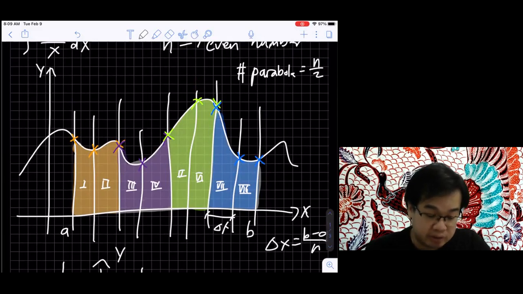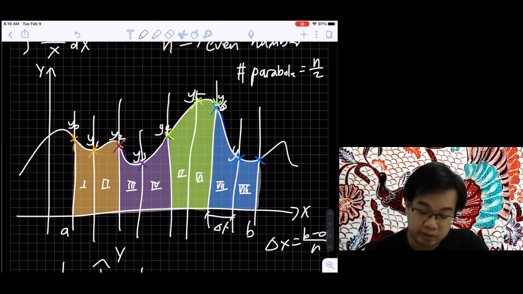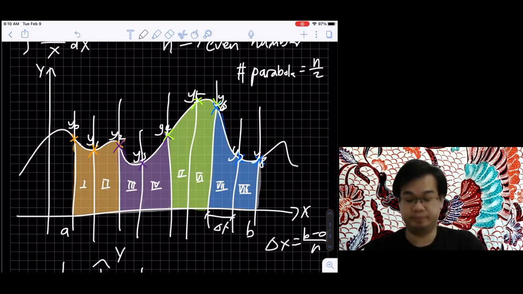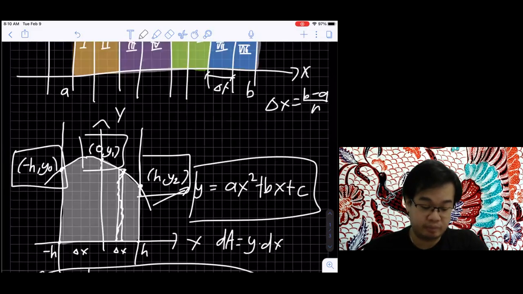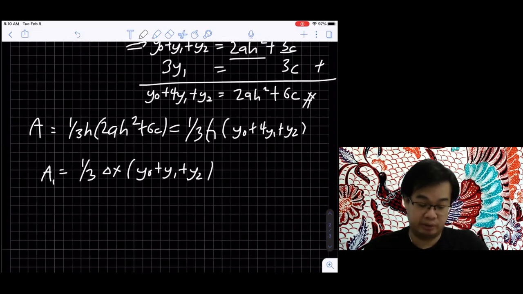Then we can name these y0, y1, y2, y3, y4, y5, y6, y7, y8, right? Basically, we can name them like that, the value of y when x is at that particular point. So the first area is that one.